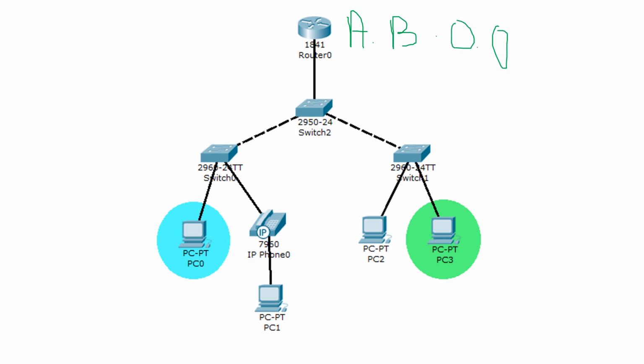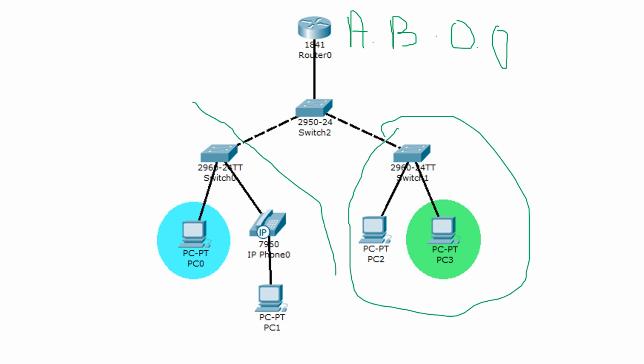Now we have to separate these into two networks as VLANs. This is a local area network, and these are two separate networks, that is, two different VLANs: VLAN 1 and VLAN 2.